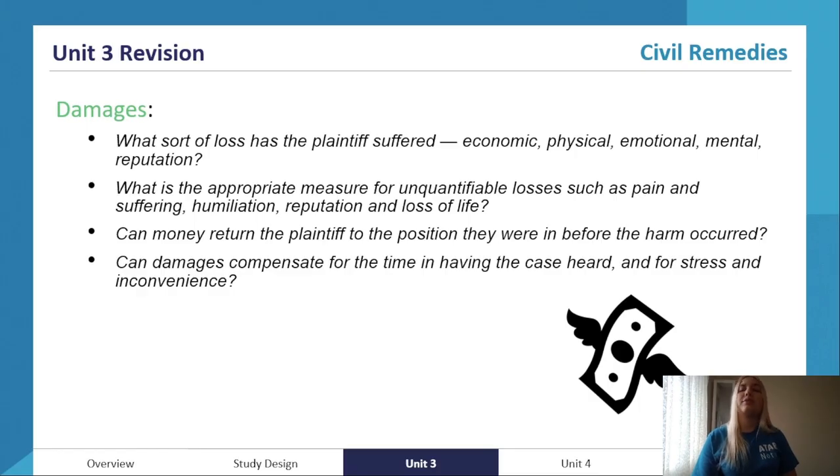So, non-quantifiable losses like emotional suffering, loss of quality of life, cannot be compensated. The person cannot be restored. But ultimately, you're looking to find if the money can fully return the plaintiff to the position they were in before any of the harm occurred.